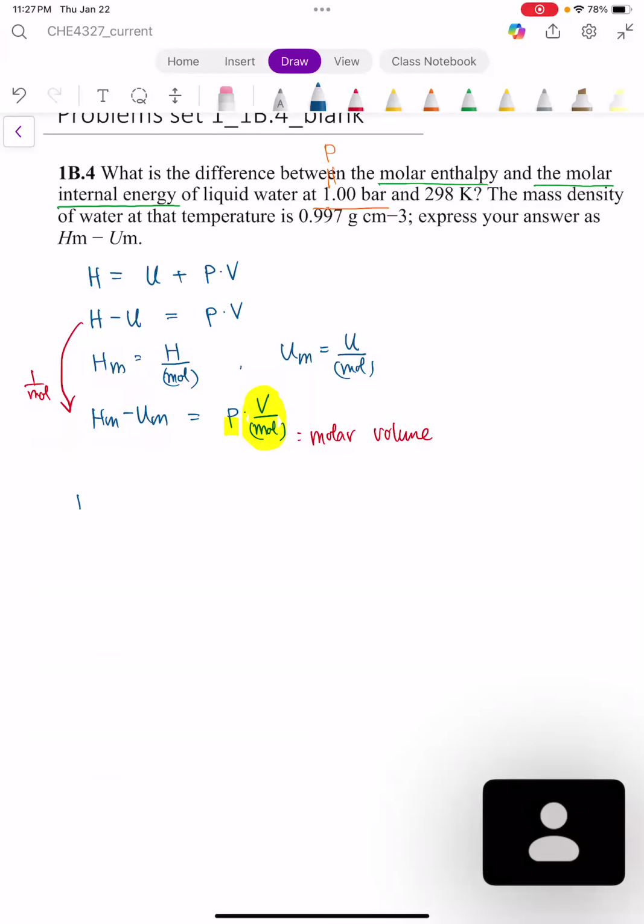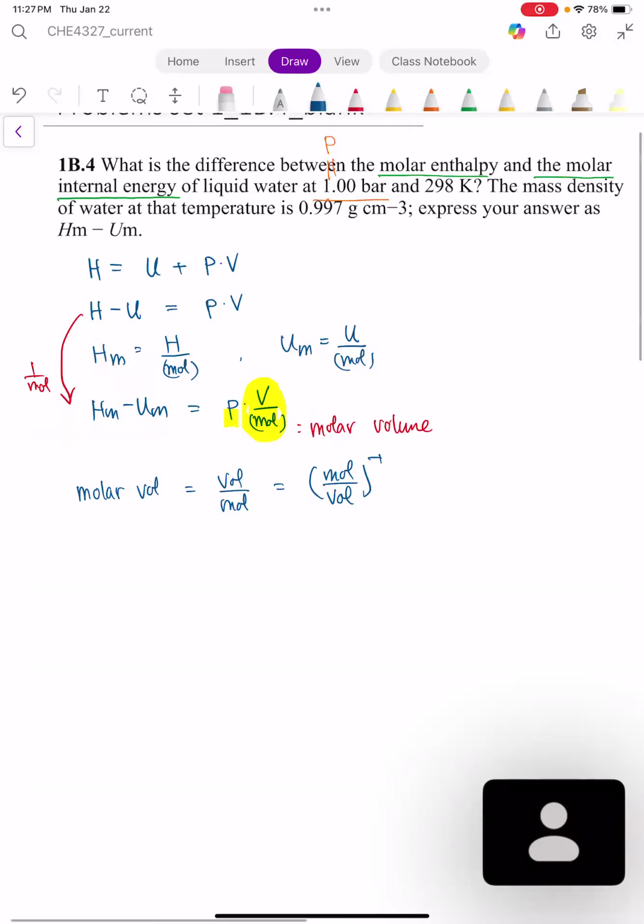Well, molar volume is basically volume per mole, right? And that is basically the inverse of mole per volume. And mole per volume is basically a molar density, right?